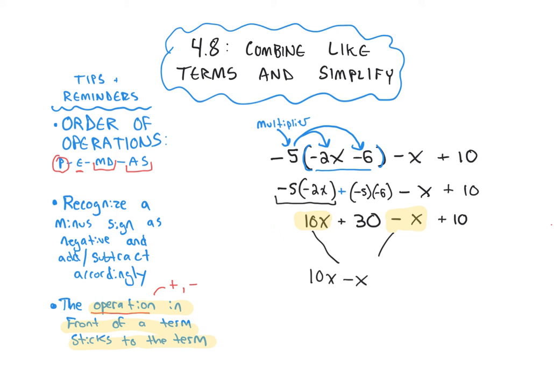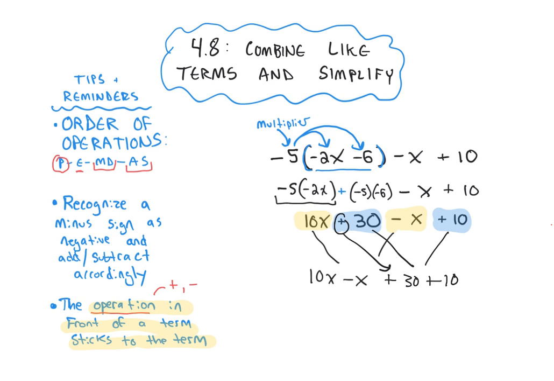And then my constants. I have a positive 30 and a positive 10. So those operations stick to those terms. And we can bring those down together. So plus 30, stick to that term, plus 30, plus 10.